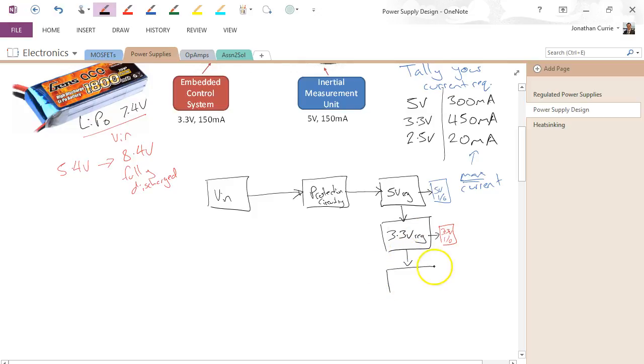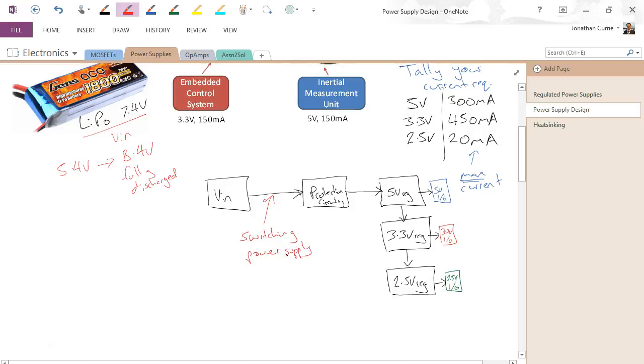And so we can do the same thing again down to our 2.5 volt regulator, down to our 2.5 volt IO. And that's typically how I design my power supplies. Doesn't always cascade them in a fashion like this, but normally it's a way that I go about it. Sometimes in here you might have a switching power supply.